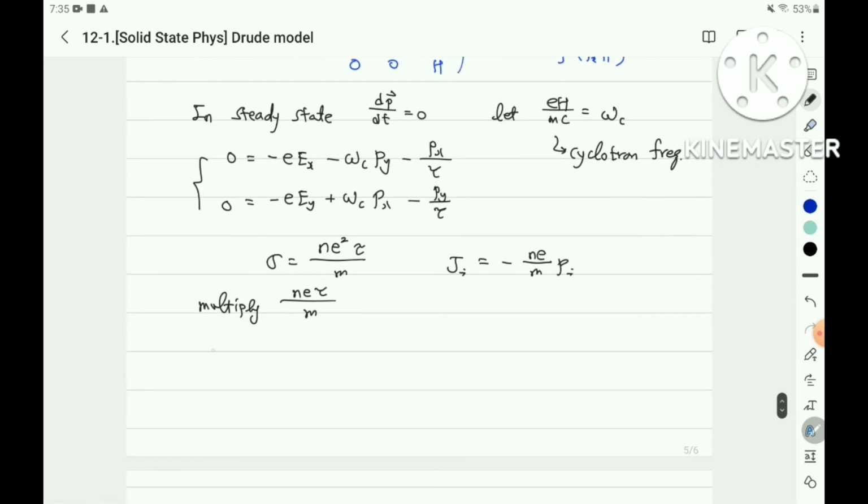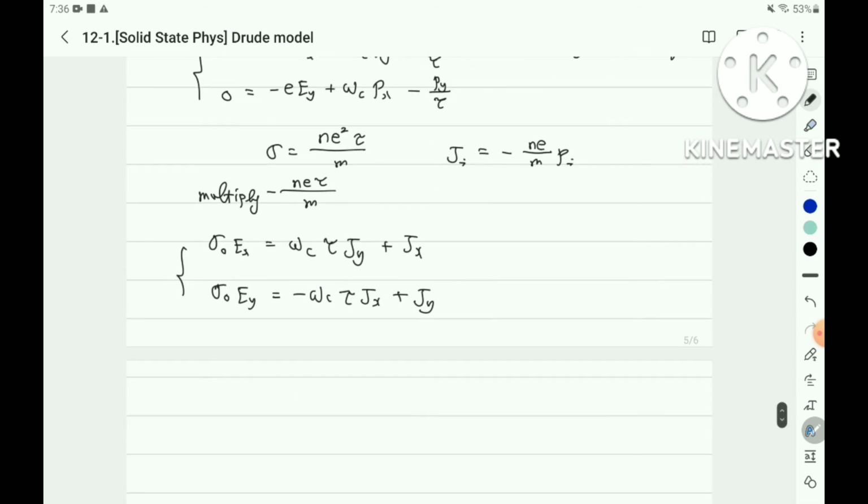Therefore, sigma 0 Ex equals minus omega c tau times jy plus jx, where p is mj over Ne. And in the y direction, sigma 0 Ey equals minus omega c tau jx plus jy.